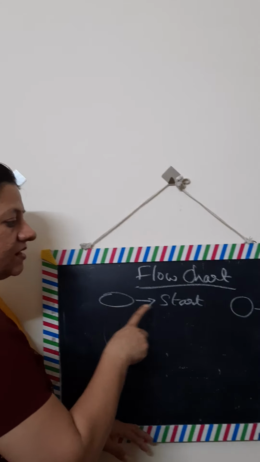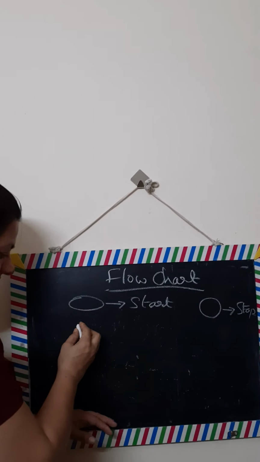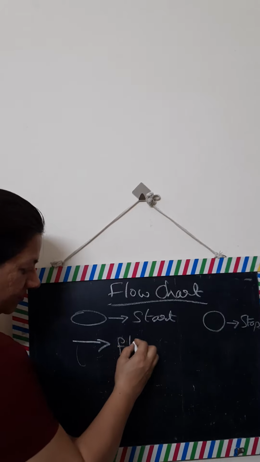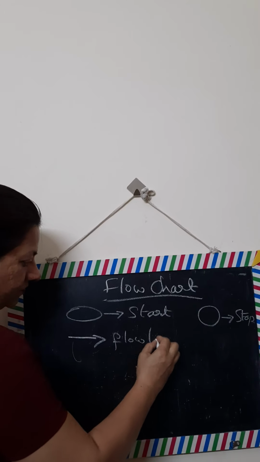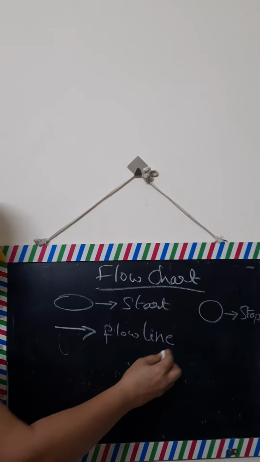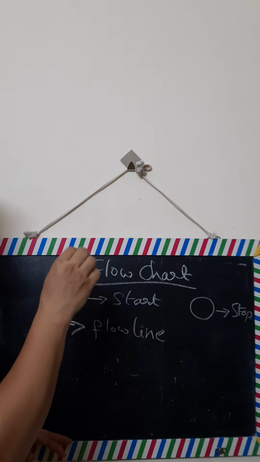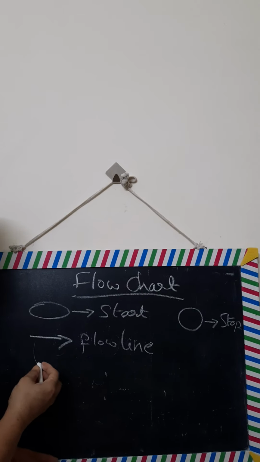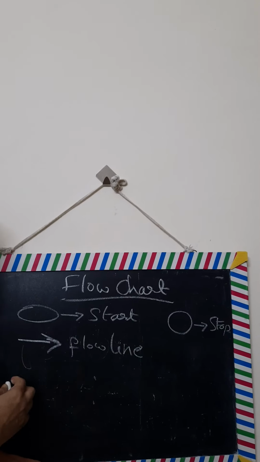This indicates a start, this indicates a stop. This is called a flow line. Flow line in the sense, what is the next step, what we are going to do in the flow. These will be the flow lines.